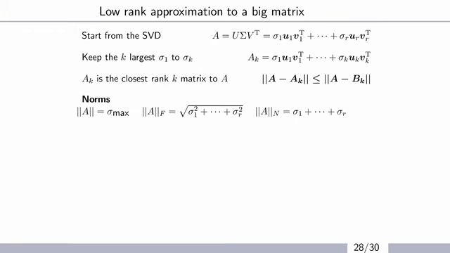So the singular value decomposition, this is what we just talked about with the u's and the v's and the sigmas. Sigma 1 is the biggest. Sigma r is the smallest.